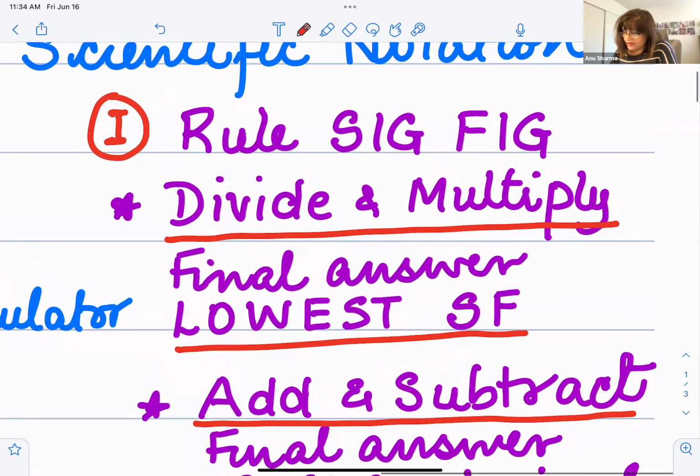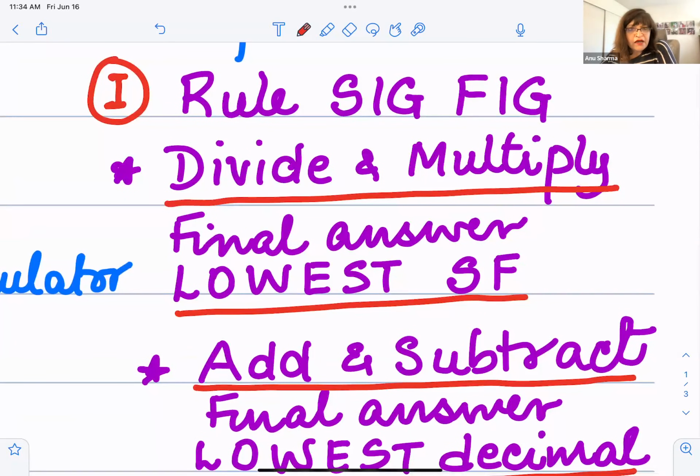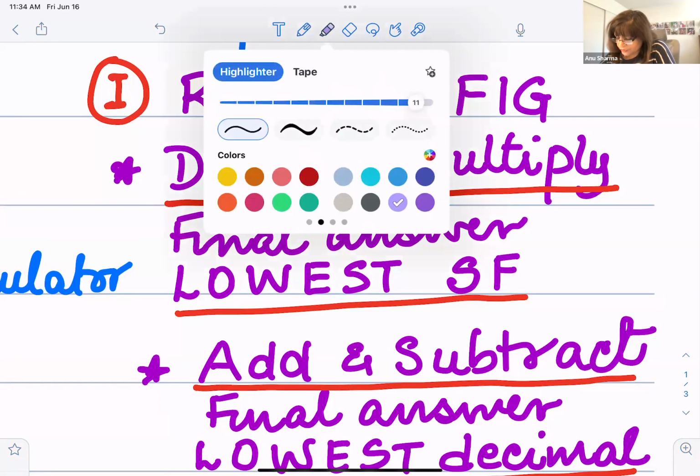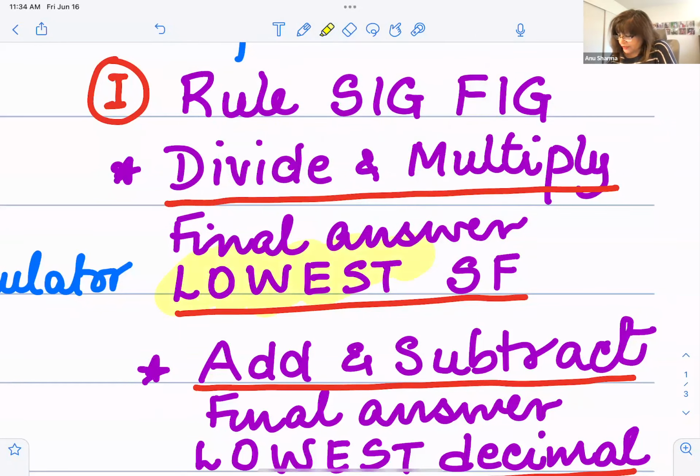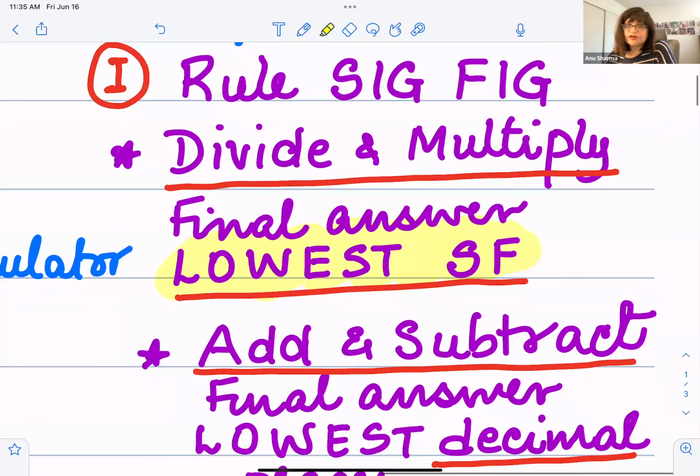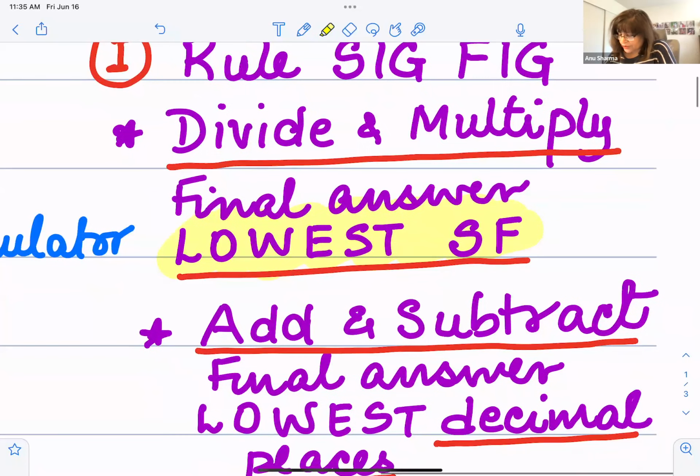When we divide and multiply, the final answer is going to have the lowest number of significant figures. You look at the computation, whichever has the lowest significant figures, and the final answer will have that.